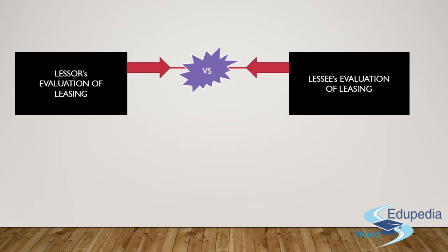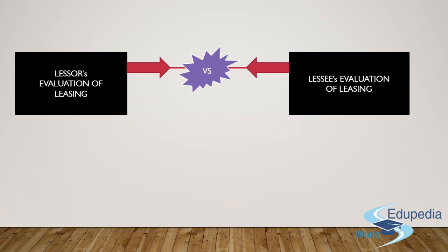So these are the basic considerations which you as a lessee, because you are procuring machinery or equipment from the market, need to consider when deciding whether to go for the leasing option or the borrowing option. I've already explained the criteria you should look at while deciding on both of these options.